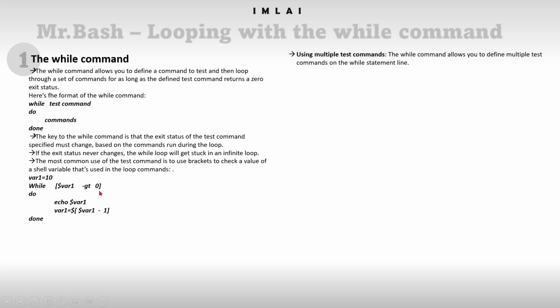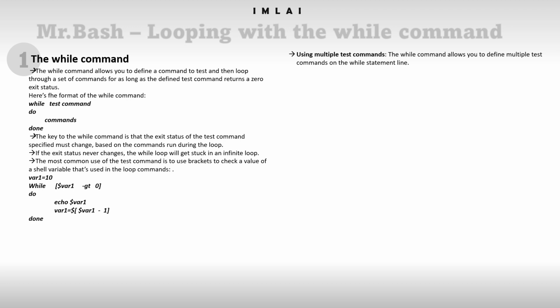This loop will run until the exit status code of this condition is 0. If it is non-zero, the loop will be broken and it will come out of the loop, and it will be done.